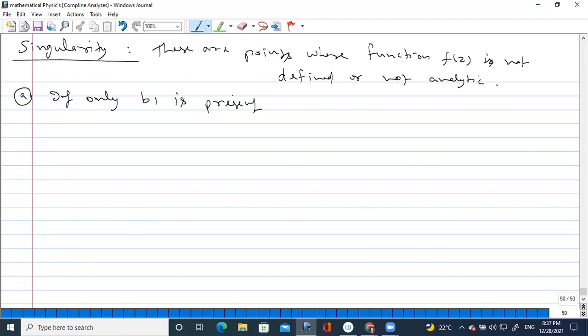So if only B1 is present in the Laurent series of f(z), then the point z0 is a pole of order 1.